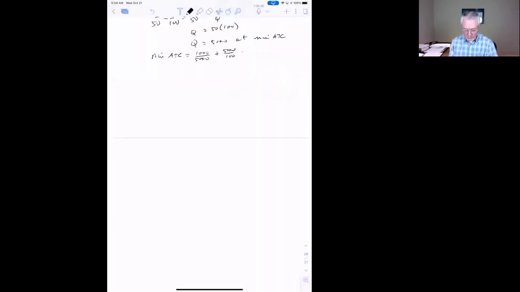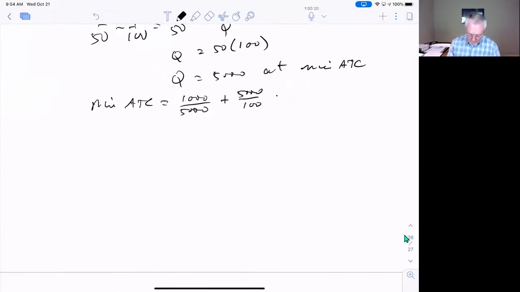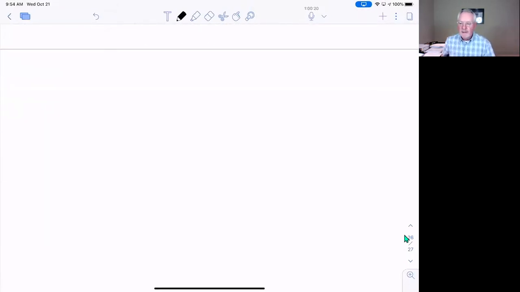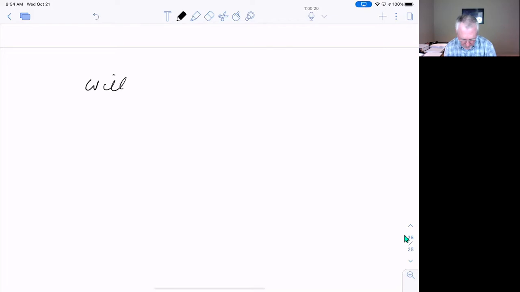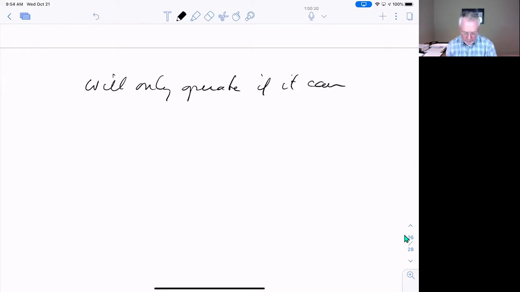And what we were saying in the last lecture in chapter 9 was that a firm will only operate if it can cover its avoidable costs.